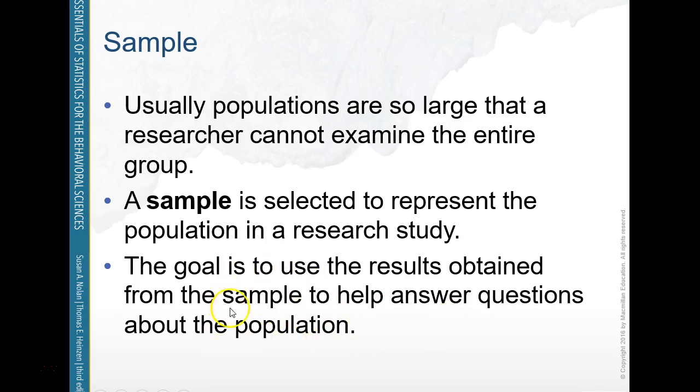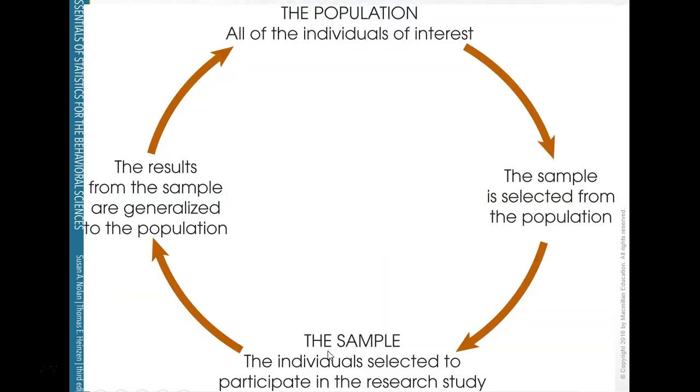So if the treatment is effective in my sample, then I want to be able to say, hey, this treatment I think is going to work in the population. So it's this circular pattern where you have the population. This is everybody that you're interested in studying, usually too large to actually do a research study on the whole population.